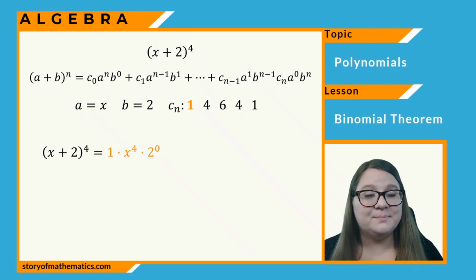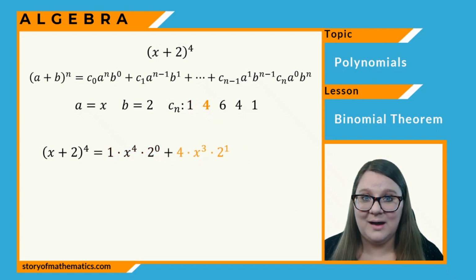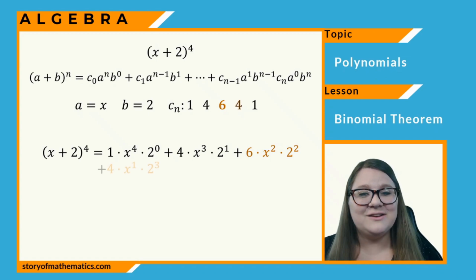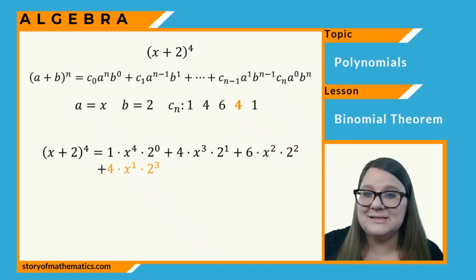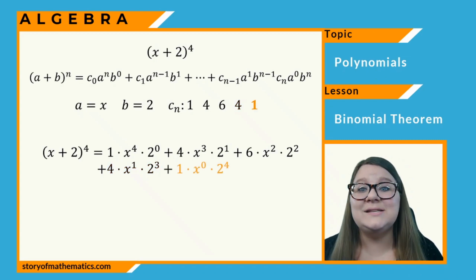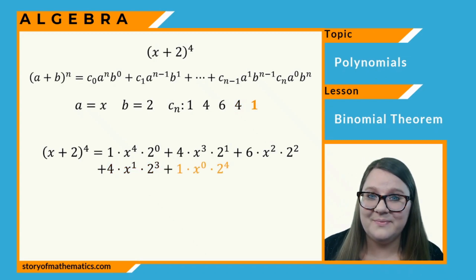So the next thing I have is plus 4 times x^3 times 2^1. Then I have plus 6x^2 times 2^2. Then I have plus 4x^1 times 2^3. And then plus 1 times x^0 times 2^4.